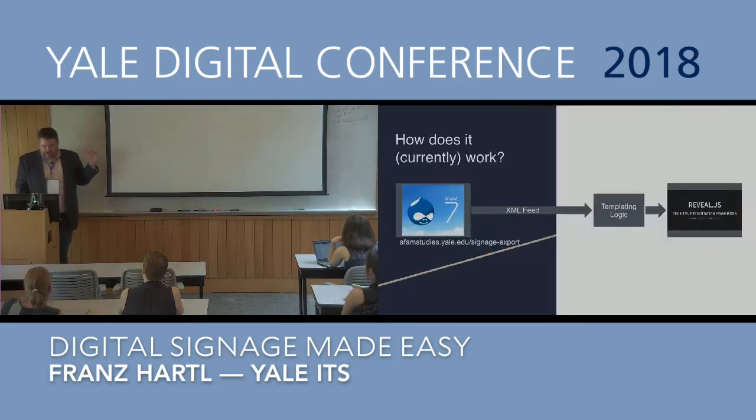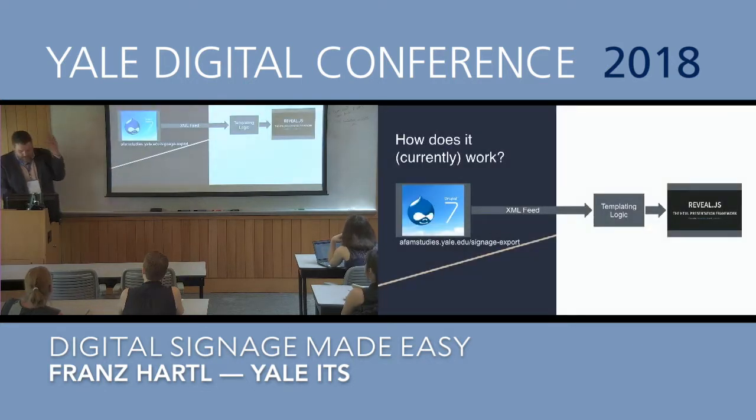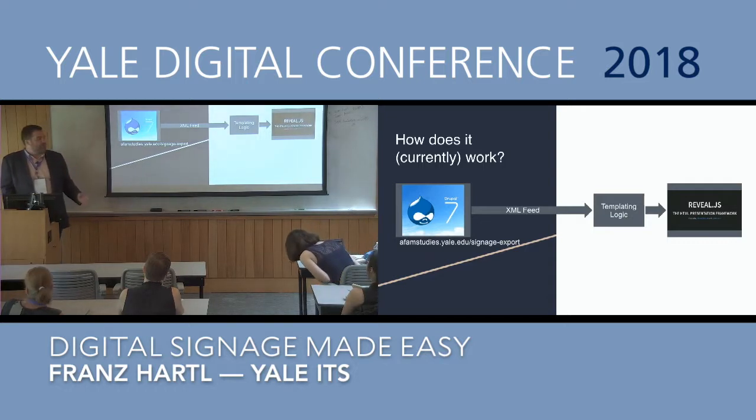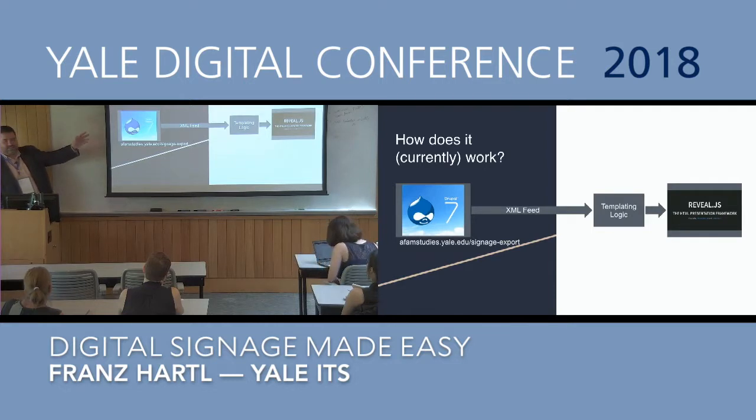So let's nerd out about how we're building this from a technical perspective. We have Drupal 7, we have the Yale sites, and it's sending out a RESTful API. If you're hearing more and more talks about an API first approach, this content first approach with RESTful endpoints, we're doing the same thing.